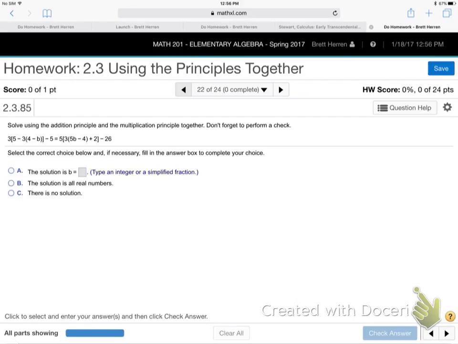All right. Oh, that's a bad one. Okay. So 3 bracket 5 minus 3, parenthesis.